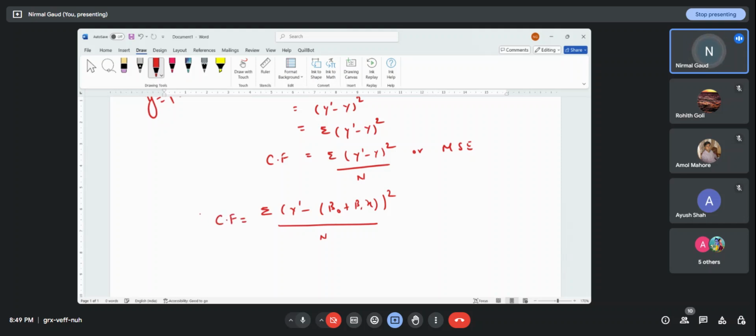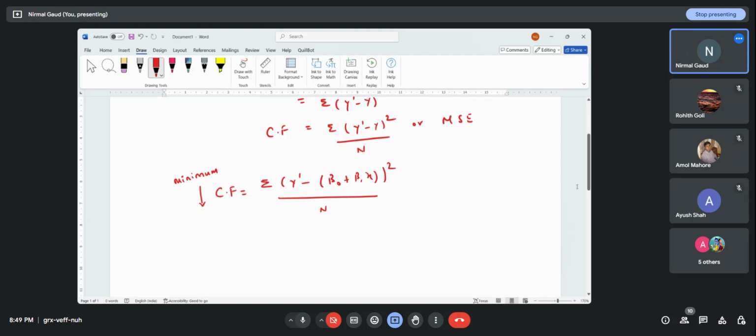And the goal is to minimize it. Okay, I should have minimum error. So we took calculus concepts of differentiation, maxima, minima, and for that we have to differentiate this error.